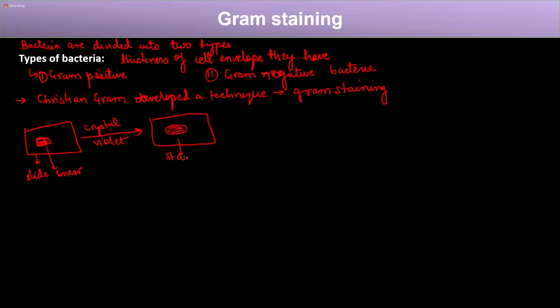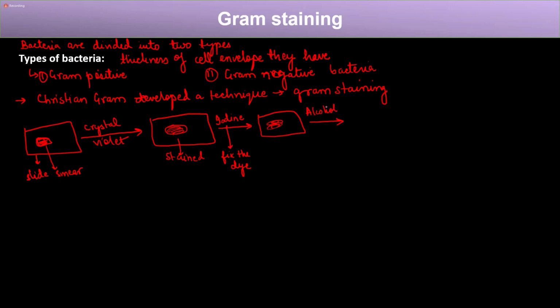After staining, you add another chemical that is known as iodine. Why do you add iodine? This iodine basically fixes the dye. Iodine is used to fix the dye, so the dye is fixed over this bacterial sample. Now you will add a destainer, and we basically use alcohol.